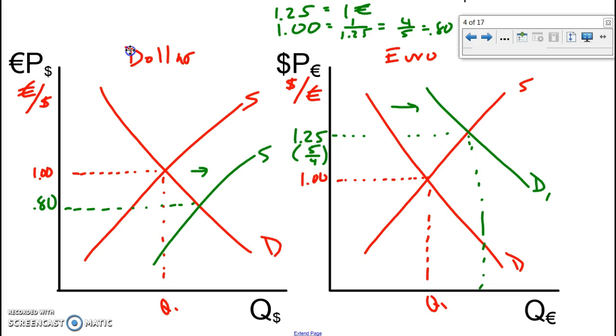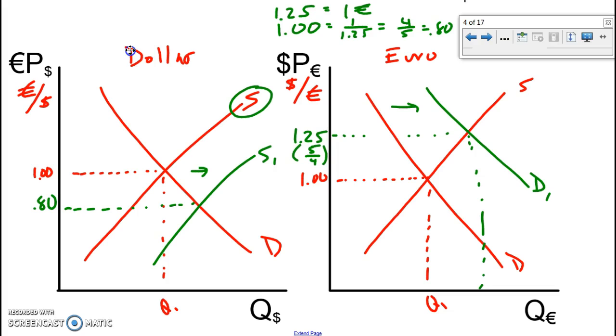So the reason we end up at this new 80 cents, besides the fact that we have to because these two graphs have to have reciprocals, is that when people go to buy euros, this supply curve is people who are supplying in the dollar market, people who are willing to trade. And they're the same people who are demanding euros over here.